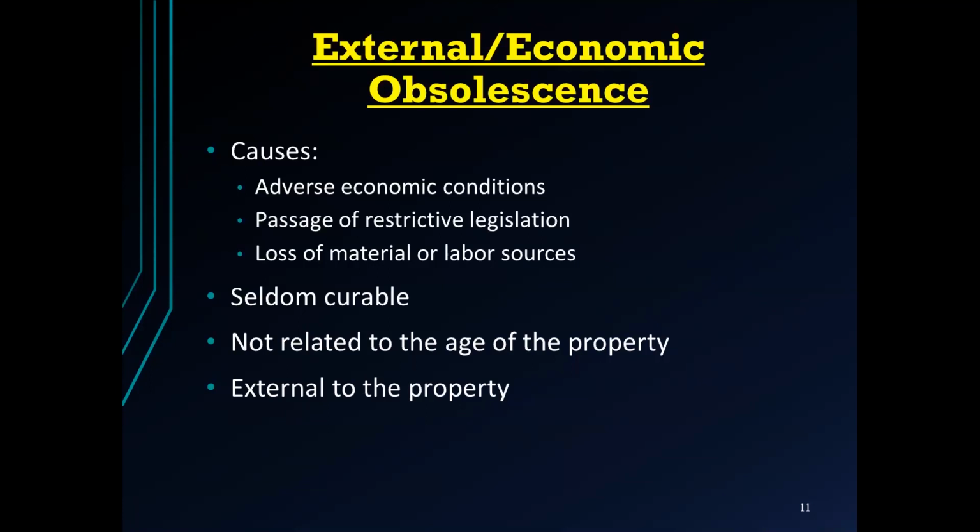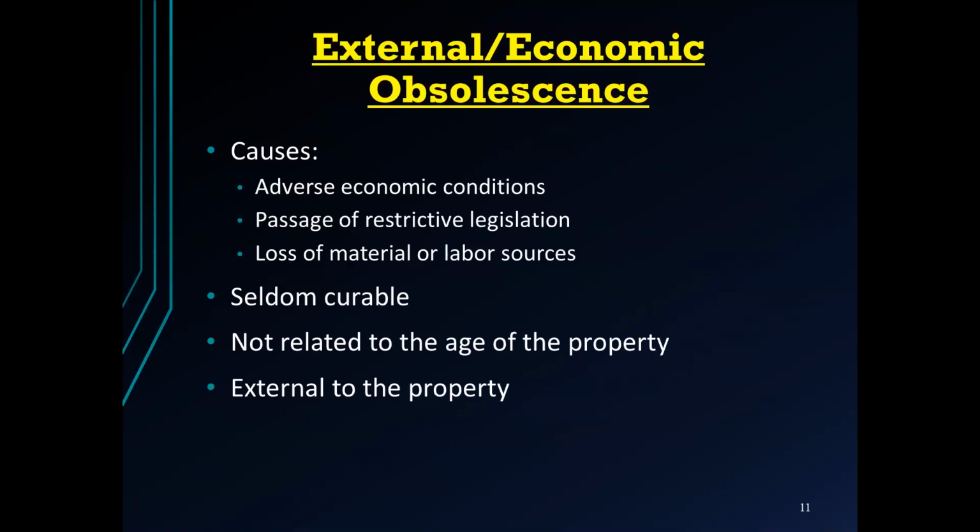That is an example of restrictive legislation that would affect that industry, and a lot of that personal property would be affected. Now, not all of it, and we'll talk about that in a second. It has to be property that is not easily moved into another sector. That one doesn't happen too often, but anytime you have restrictive legislation, that could cause external obsolescence outside of the property owner's control.